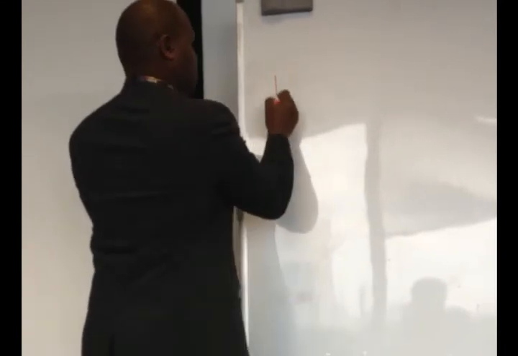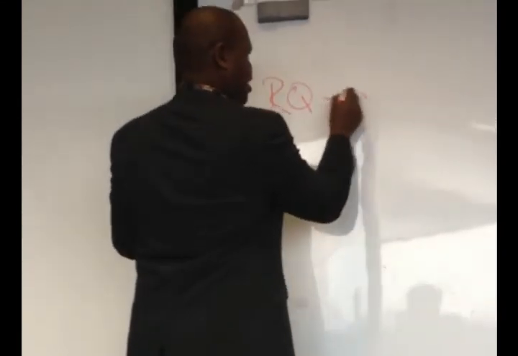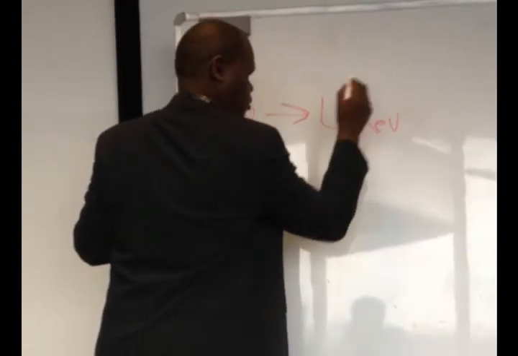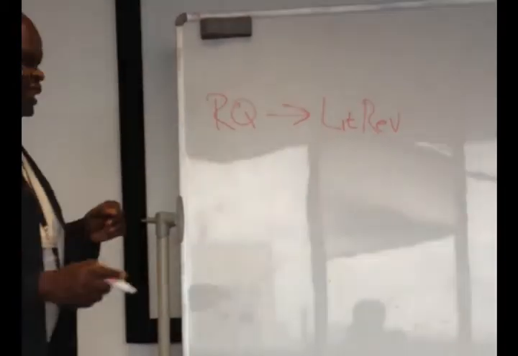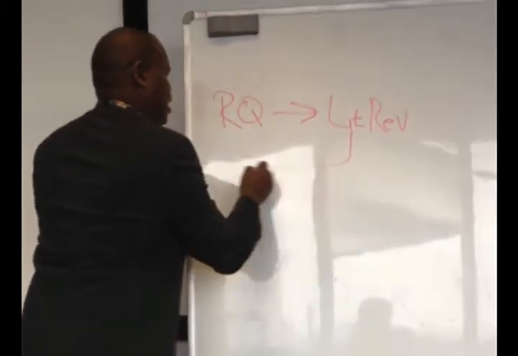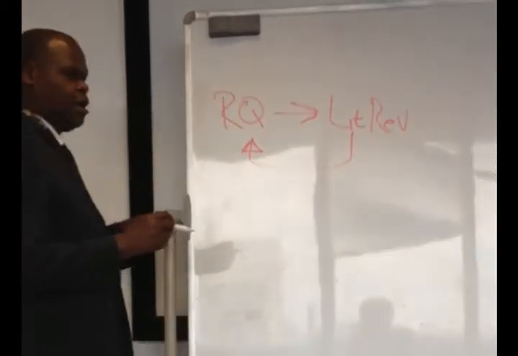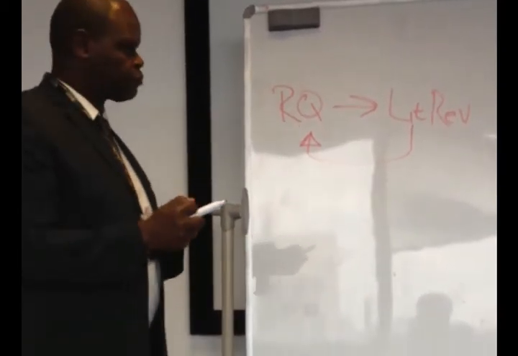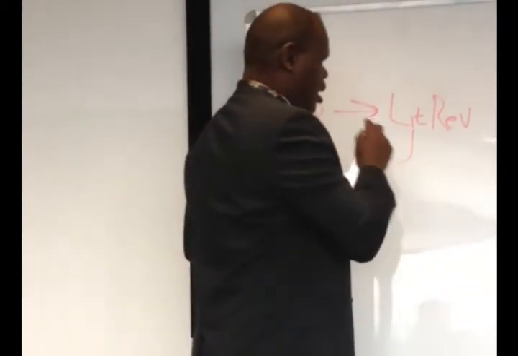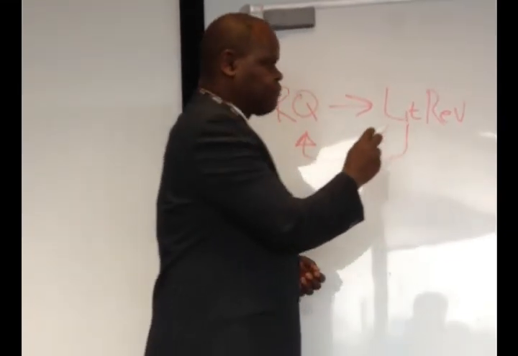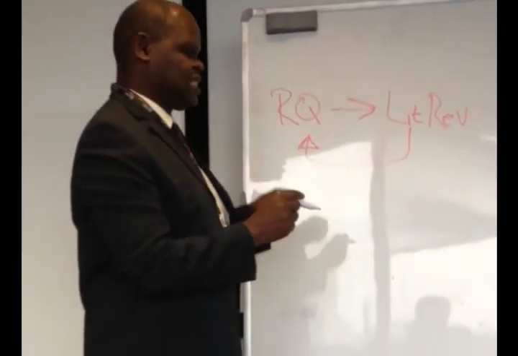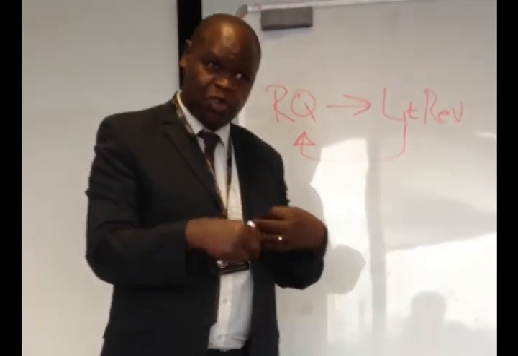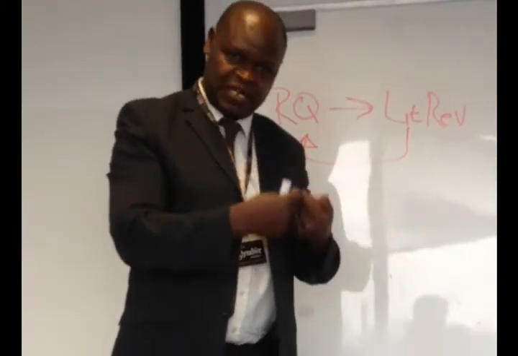So you start with your research question, you review the literature, and then you go back and you might rephrase the research question, reformulate the research question. However, once you read the literature, you read it in a critical, analytical manner.